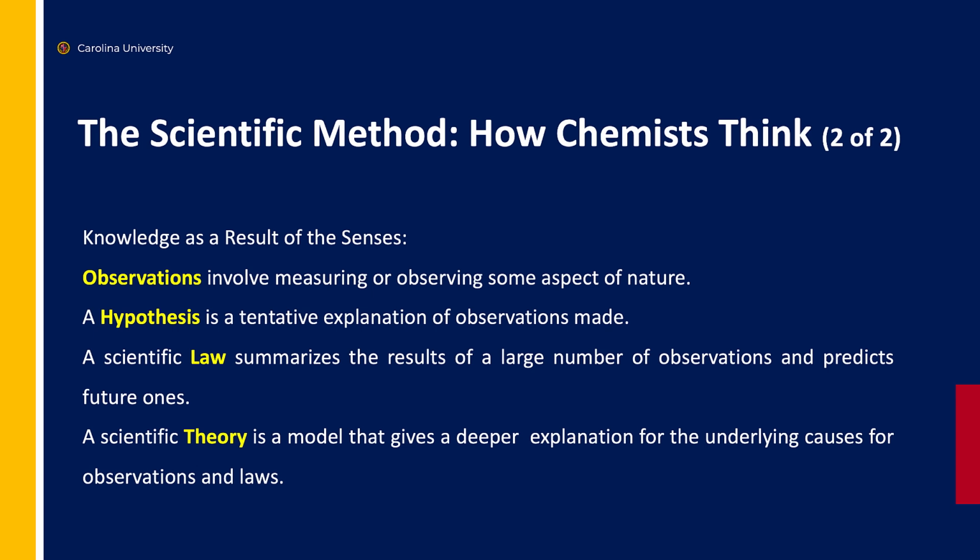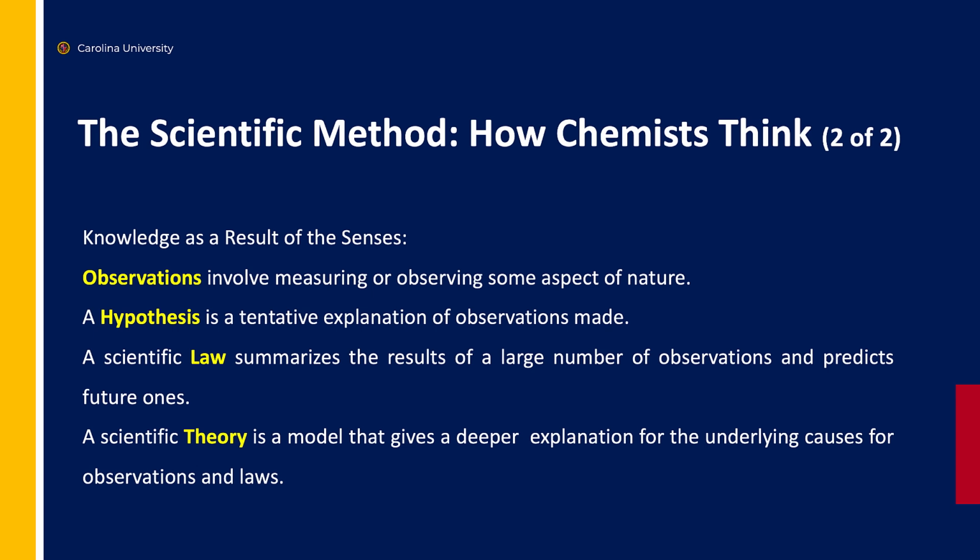Some observations are simple, requiring nothing more than the naked eye. Other observations rely on the use of sensitive instrumentation. A hypothesis is a tentative explanation of the observations we made, whereas a scientific law summarizes the results of a large number of observations and predicts future ones.